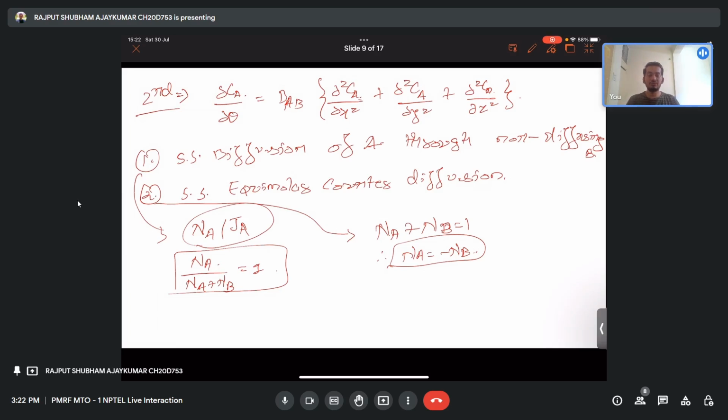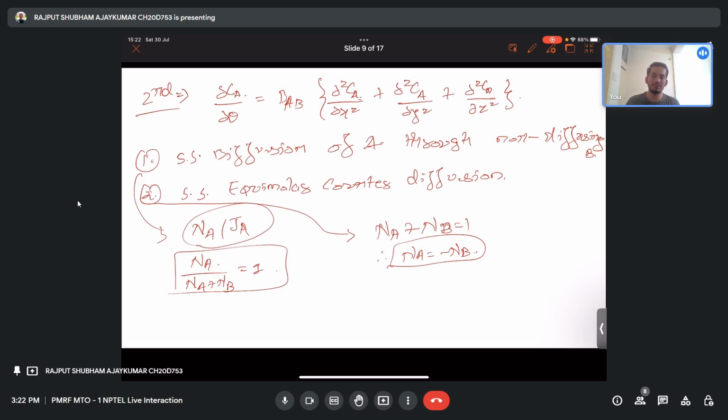Now I would like you to solve some MCQs, because what I have covered in week one is just the basics. From week two, the main numerical problems will start. Assignment 0 and assignment 1 are based on the basics of mass transfer.